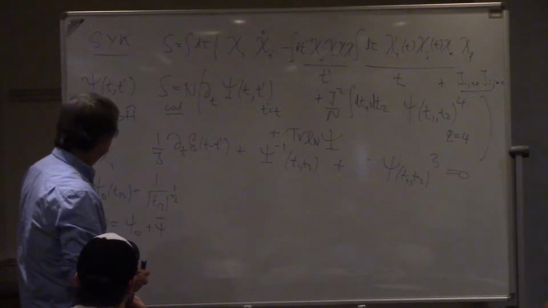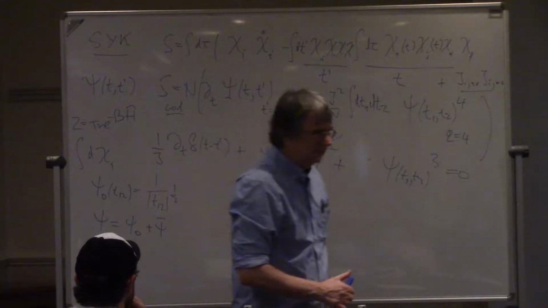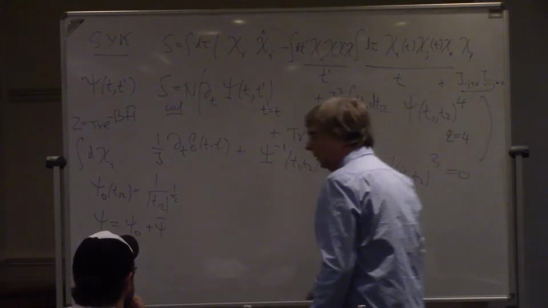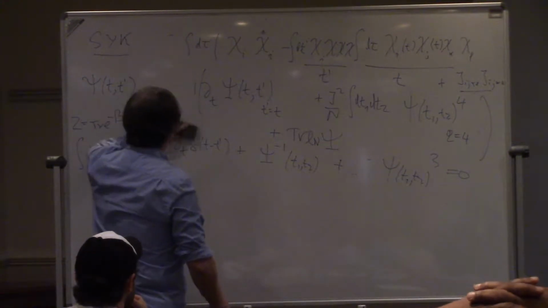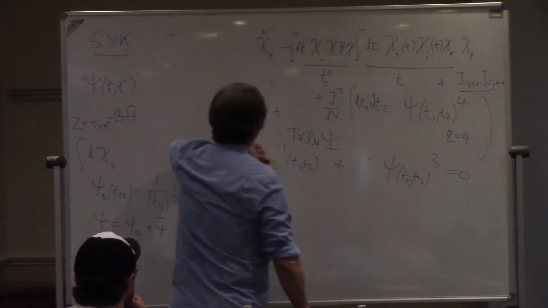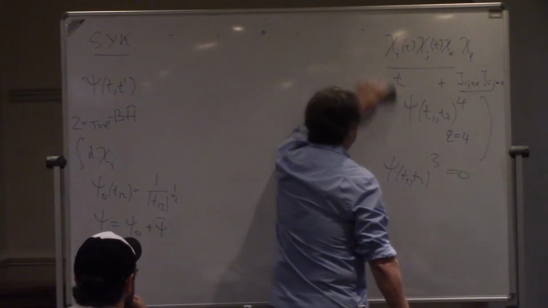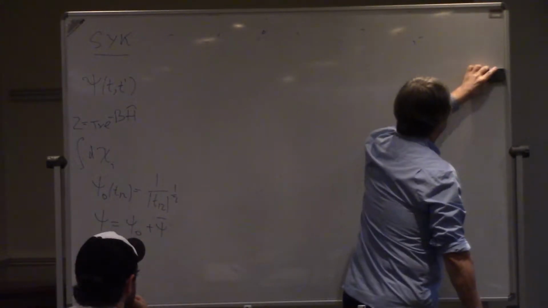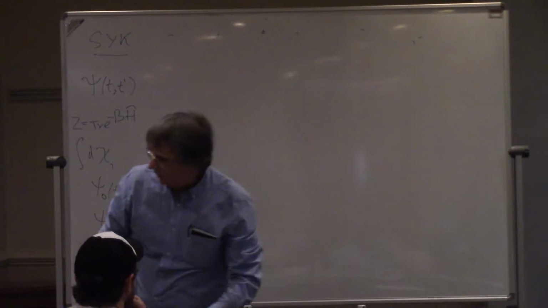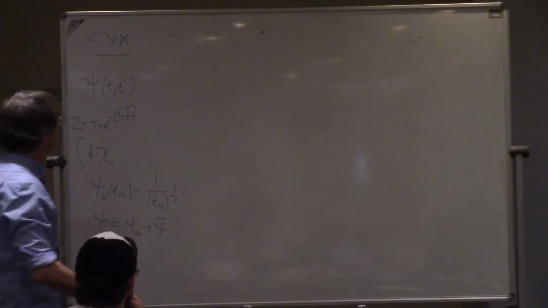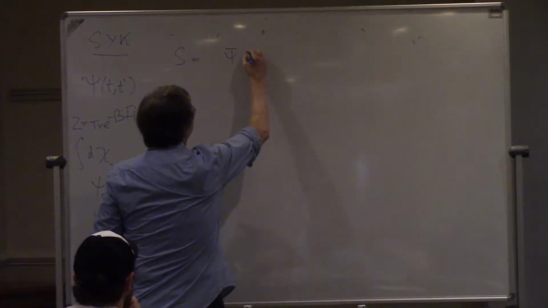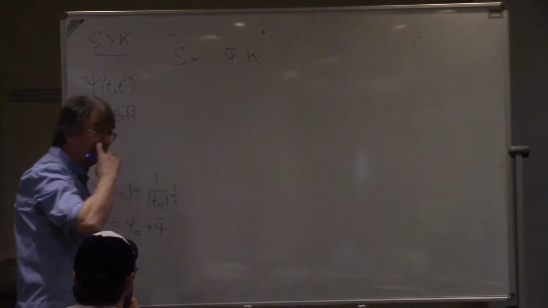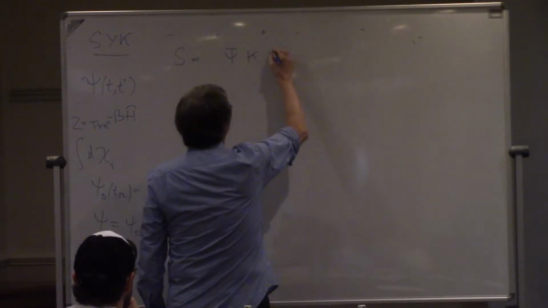So maybe I can erase some of that and begin to discuss at least quadratic fluctuations. We already reproduced what Jeff has done, and now we'll be looking at that equation that he was solving, and I think he ended up with the solution of the equation. We'll do that again, or at least make a comment on the solution of that equation. So you will see that this action is therefore equal to psi bar, very schematically, K, some kinetic term, which I will write down soon, psi bar.